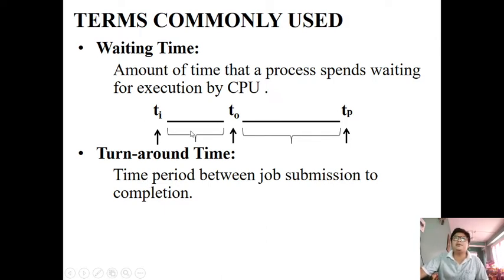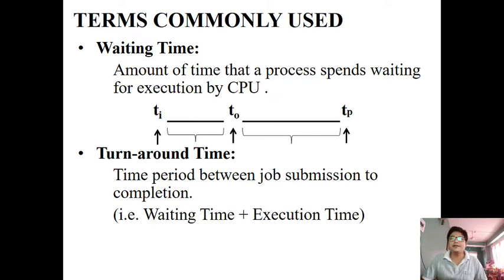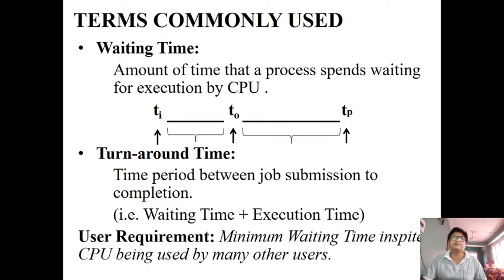The turnaround time is that waiting time plus the time elapsed between TO and TP. That is known as the total time. The job was submitted at TI, and the process was completed at TP. So TP minus TI is known as turnaround time. As the name suggests, turnaround time is the time elapsed between job submission and job completion, so waiting time plus execution time. As I told you already, I can sometimes use another word for execution time: burst time also.